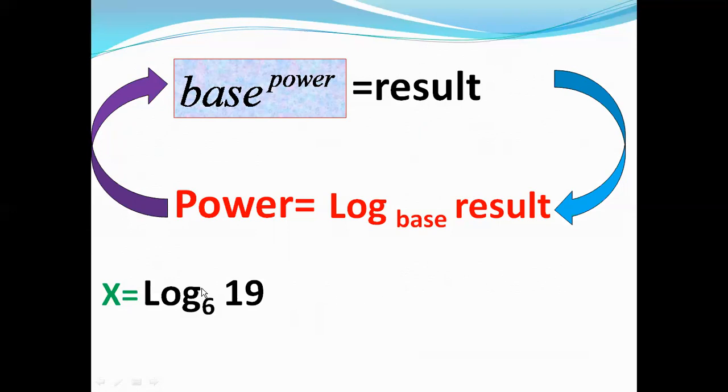Before that, first you have to identify what is power, what is result, what is base. So comparing this with this, in place of power x is there, in place of result 19, in place of base 6.